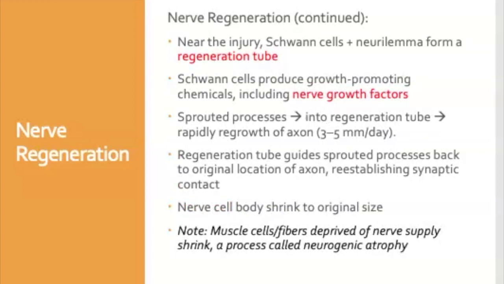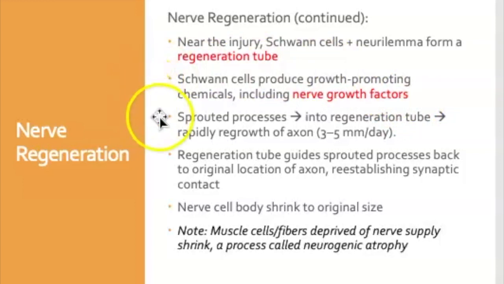Up near the site of the cut, again, at the stump of the axon, the Schwann cells that are left over, if they're present, and the axon membrane are going to form a structure called a regeneration tube. And it literally is a tube, like the tube inside a roll of paper towel. The Schwann cells are going to start secreting a growth promoting mix of chemical signals, including chemicals that are called nerve growth factors.